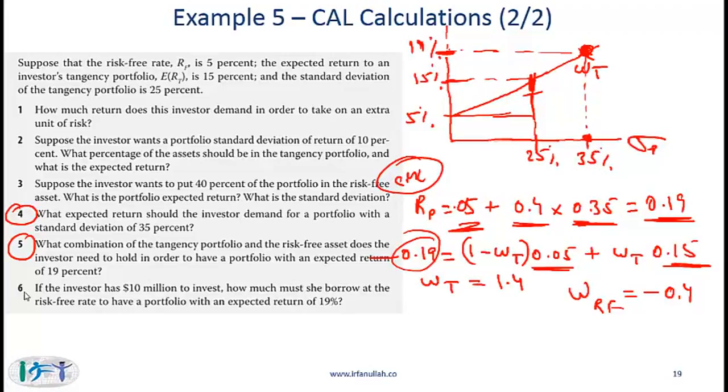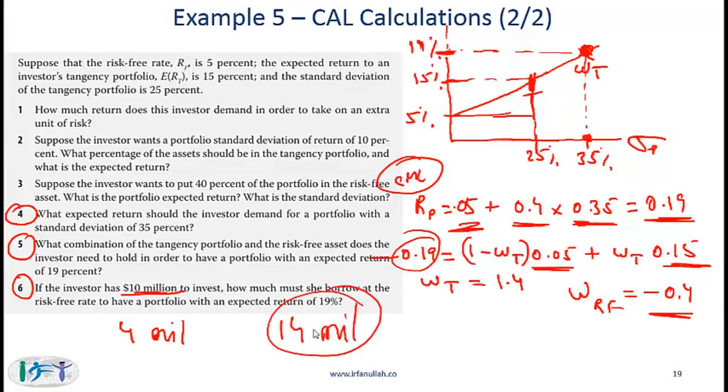Now let's do 6. So this is fairly straightforward given what we've talked about. This is the amount available to invest. The borrowing will have to be based on this factor. So borrow 4 million and make a total investment then of 14 million.